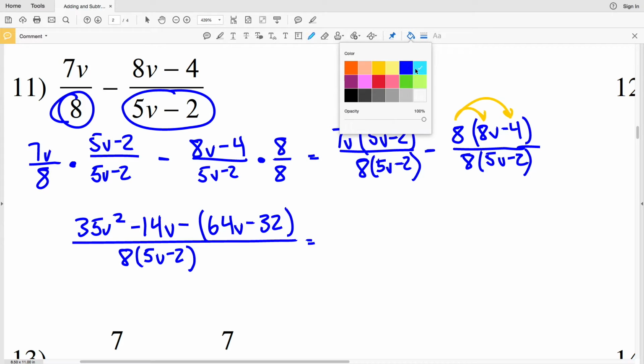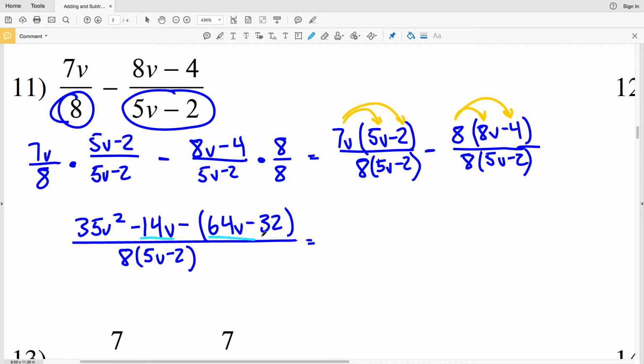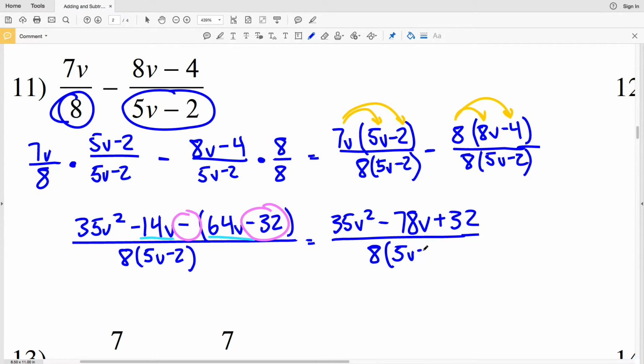Now I'll simplify my fraction, combining like terms in my numerator. I can combine 14v with 64v. So I'll have 35v squared minus 14v minus 64v will be a negative 78v, so subtracting 78v, and then you can see that we're going to be subtracting a negative 32, so that's the same as adding a positive 32 in that numerator, and that's all over our denominator of 8 times 5v minus 2.